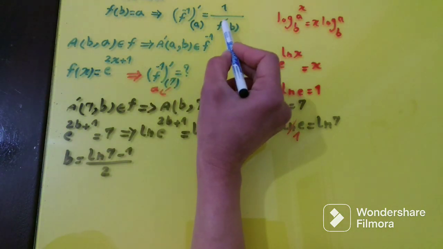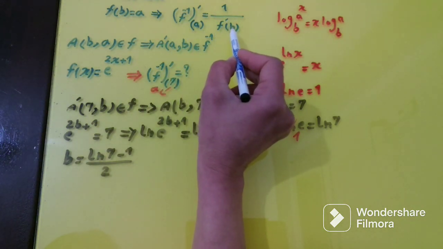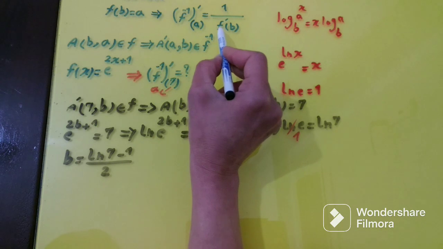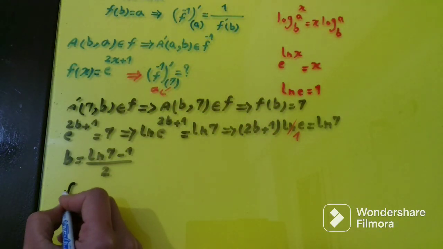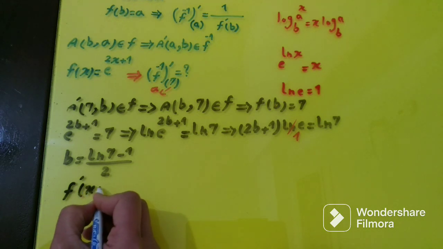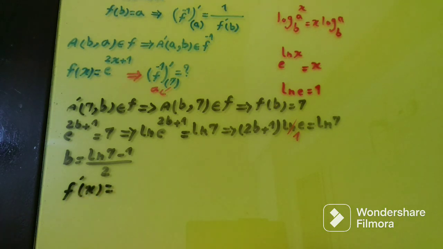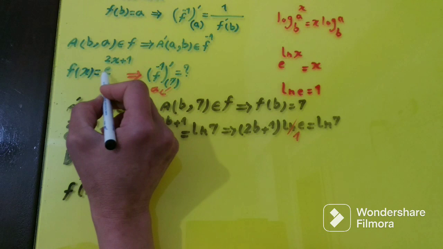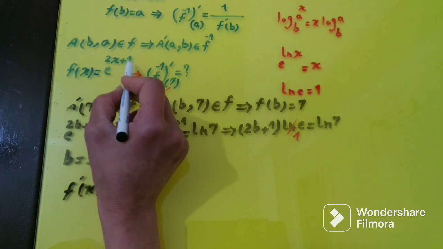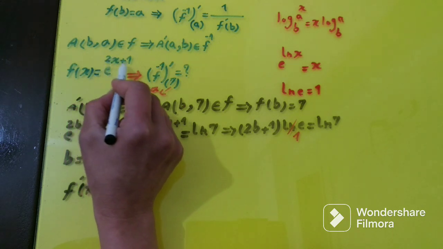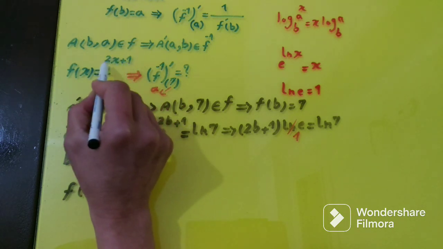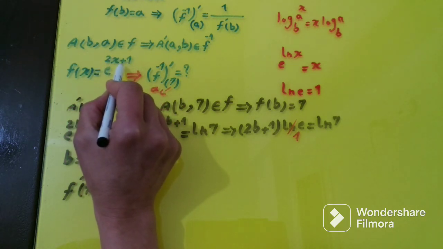Now we should get the derivative of f and replace b instead of x in f prime. f prime of x is, as we have an exponential function here, according to the formula related to this function, first you should get the derivative of this term. As two terms sum each other, you should get the derivative one by one.